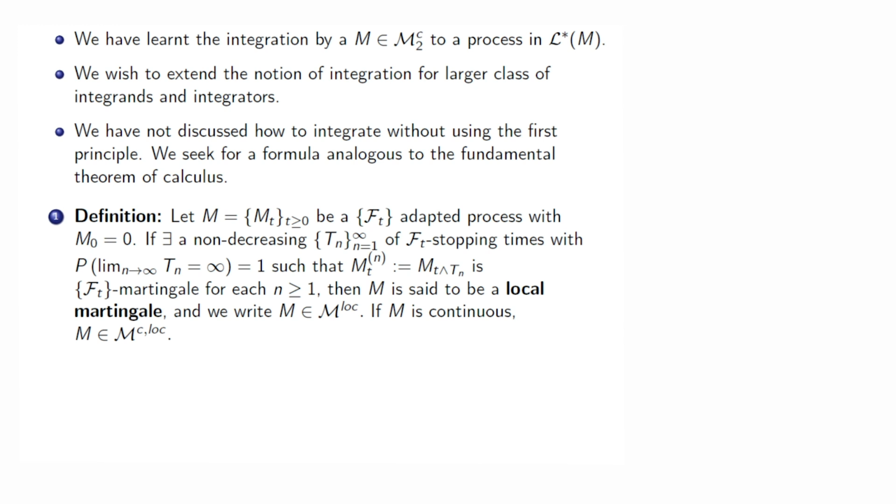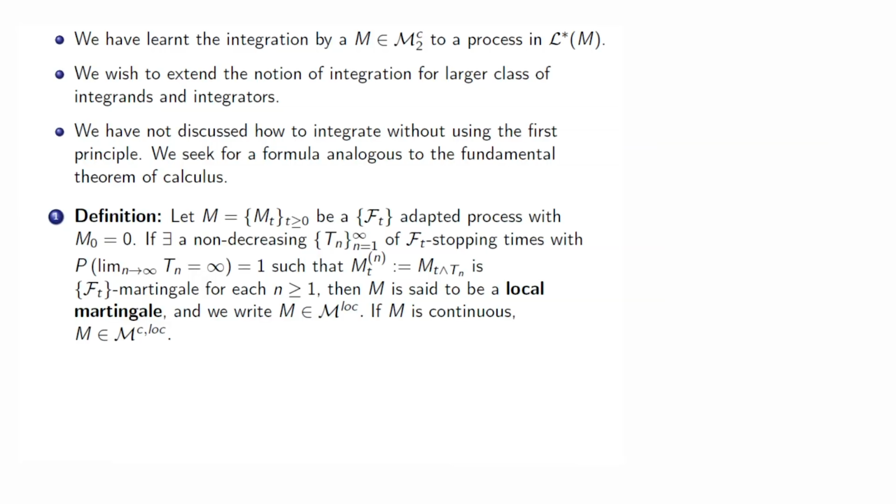You remember that was also the constraint we put for denoting script M2 and M2c. Suppose there exists a non-decreasing sequence of Ft stopping times Tn, n equal to 1 to infinity, such that the limit of Tn is infinity with probability 1. With the help of this Tn, we construct the stopped process M subscript t minimum Tn.